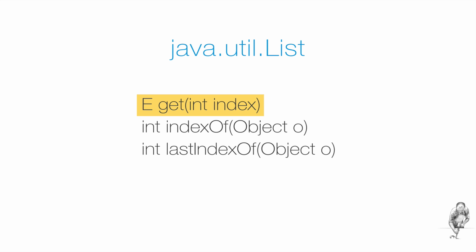The get(index) method returns an element from any given position of the list. The indexOf method takes an object and returns the index of the first occurrence of the element in the list, or -1 if the element is not found. Int lastIndexOf returns the index of the last occurrence of the element in the list, and as before, -1 if the element is not found.